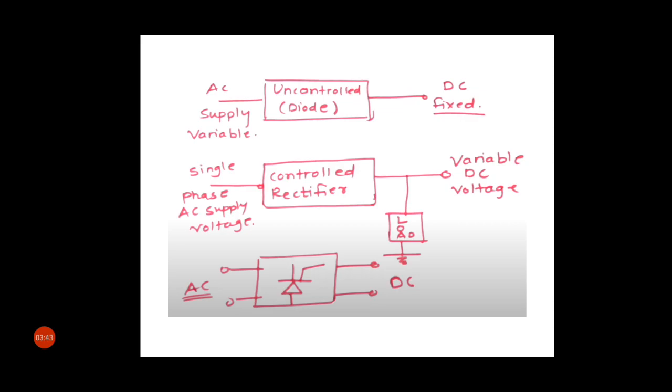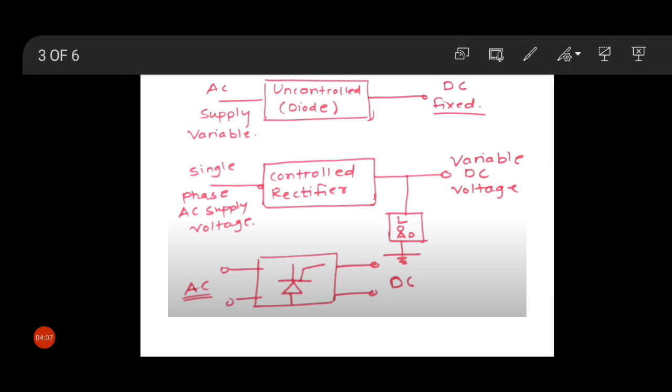Now here when we work with AC supply, we know that SCR is a control device. That means it can be turned on by triggering, or by gate triggering. So we turn on SCR by this gate.